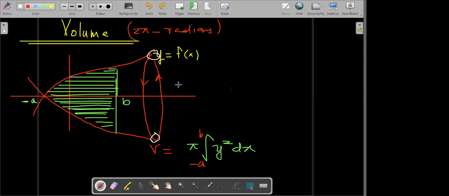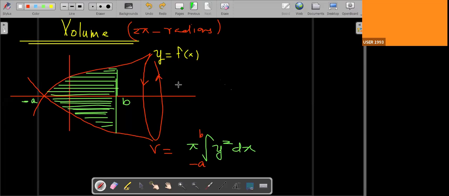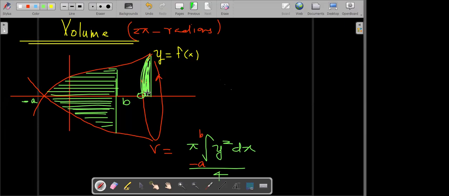What if you just rotate it by a quarter? Divide by 4. Quarter means just up to this, pi over 2 radians. Get it? This portion is what is generated.